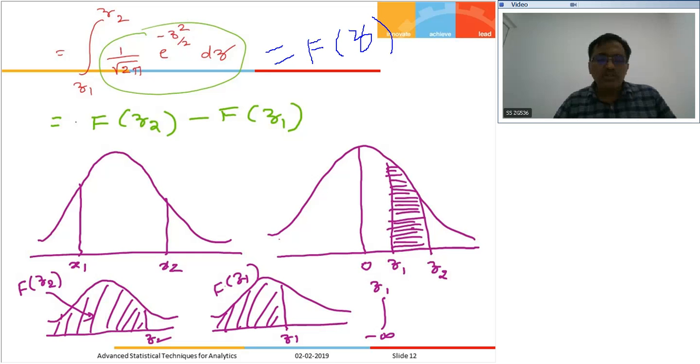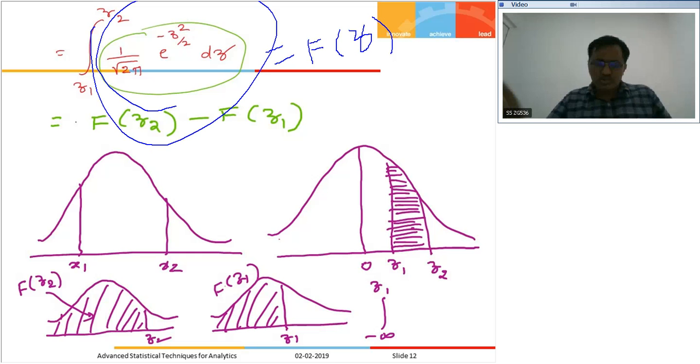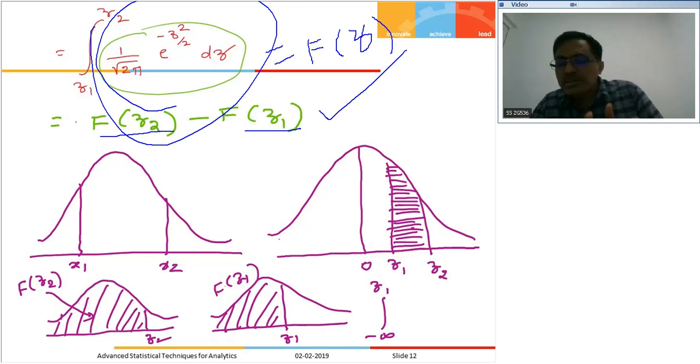The value of the integral by using some methods that he knows. We are least bothered about what he is doing. Our concern is the outcome, that is f of z. Once we are ready with f of z, very simple, right? Simply we have to replace the upper limit. Therefore, it is f of z2 minus f of z1. So this is how the probabilities in the normal distribution are calculated.